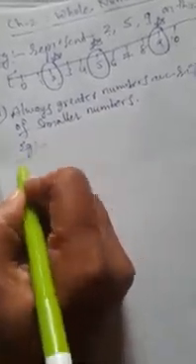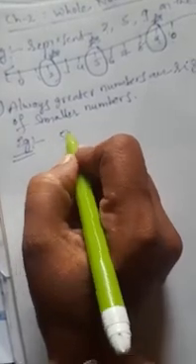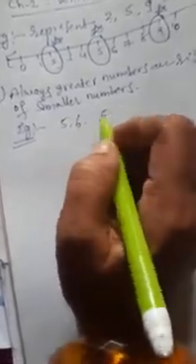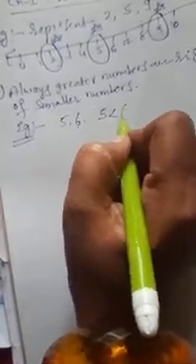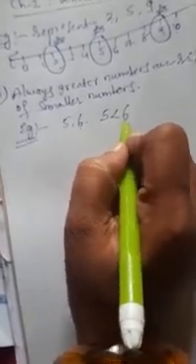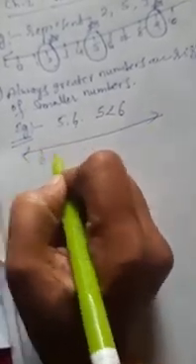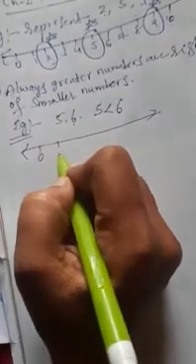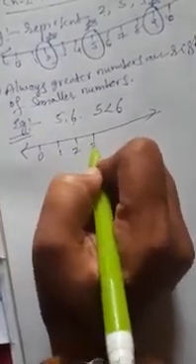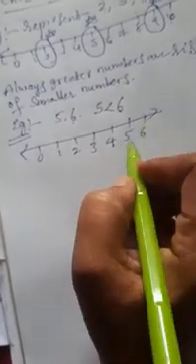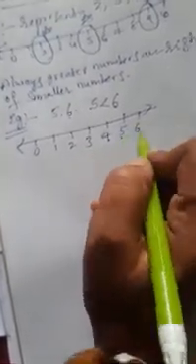Example, if you take 5 and 6 and compare these two numbers, 5 is always small when compared to 6. Now we can write 6 is the greater number. If you represent it on the number line, see where 6 lies.